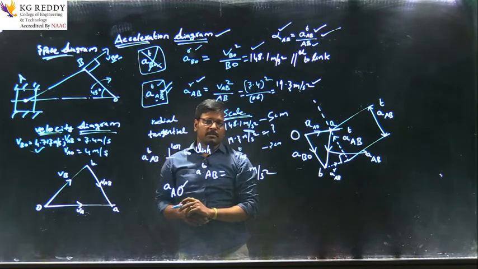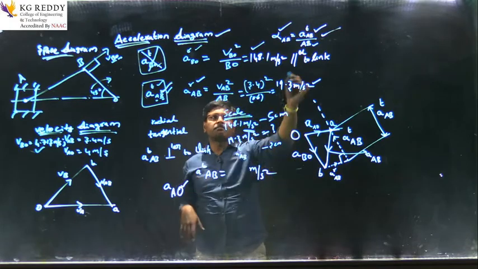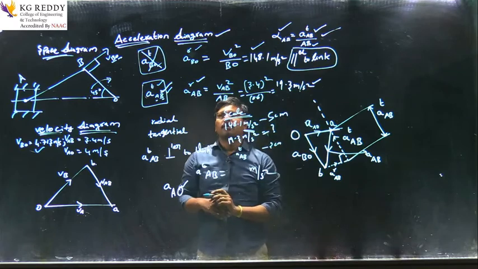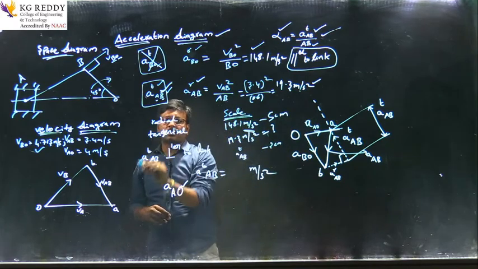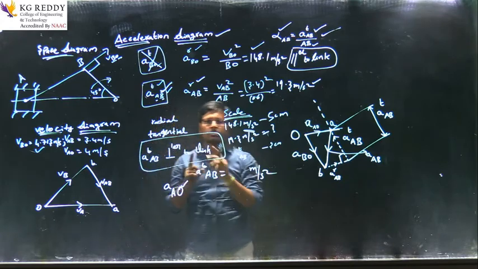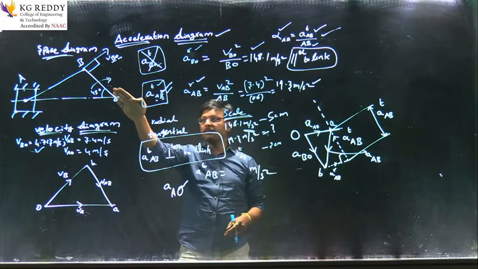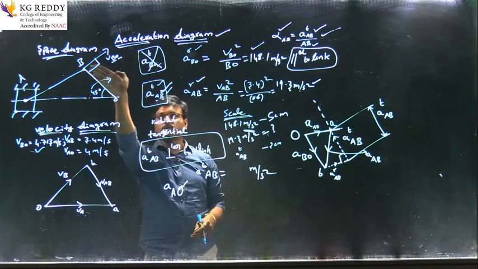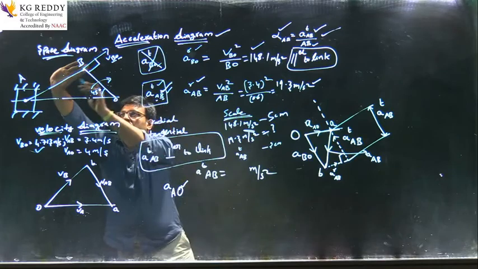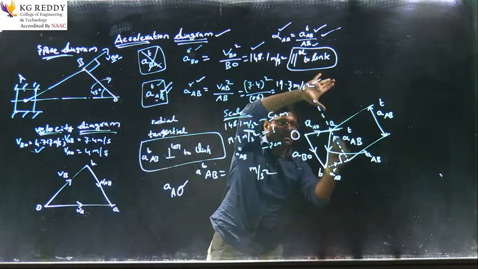So we have to remember one thing: the radial component is parallel to the link, and the tangential component is perpendicular to the link. These are the two we have to get from the space diagram. Parallel means this is parallel, right? So we have to take it like this. It's perpendicular. You see, this is the link and this is the perpendicular, so I have to take it like this, and this is the tangential.